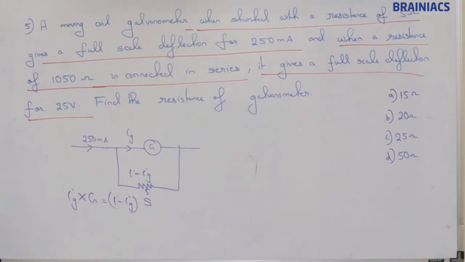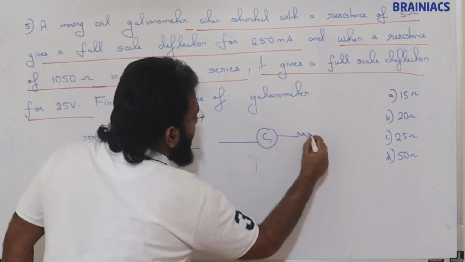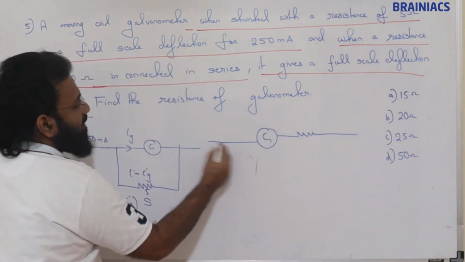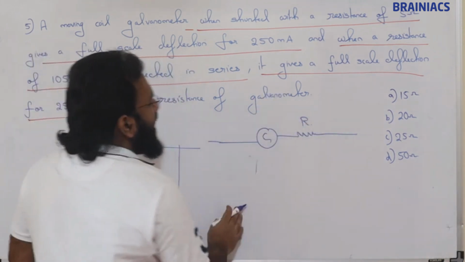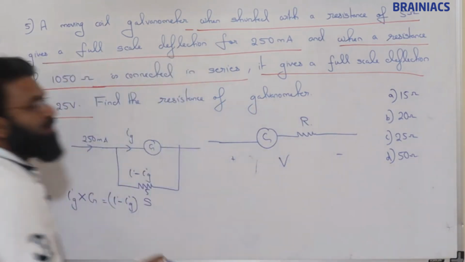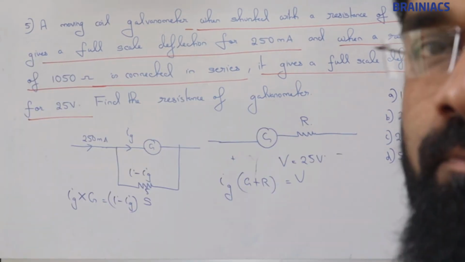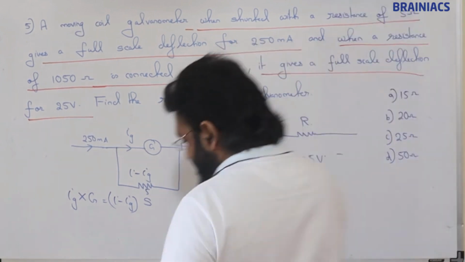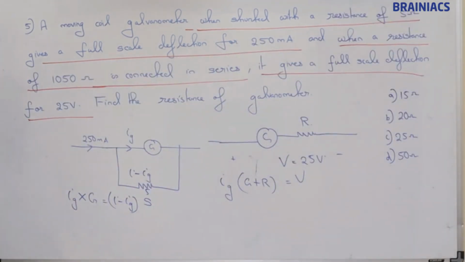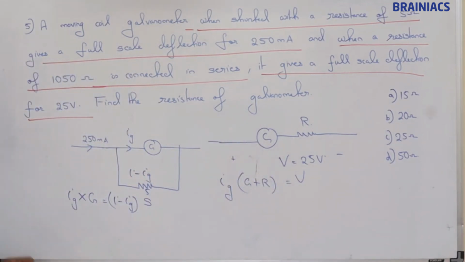So if we connect a galvanometer and a series resistance, say for example R, then this voltage is not the voltage across the galvanometer alone, but Ig into (G plus R) is equal to V. Now what we need to find is G.